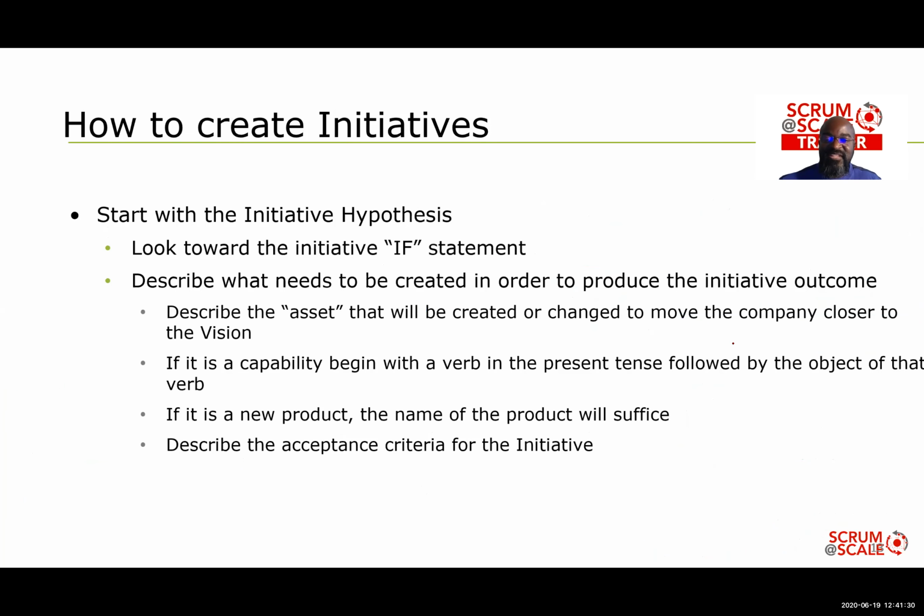The value that they receive is, basically, they can obtain advice. So I have a verb in the present tense, the object of the verb, and then I have modifiers after it: from a local office in Asia.